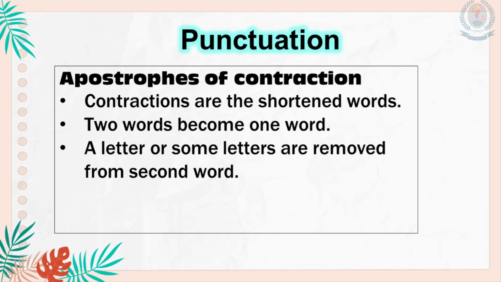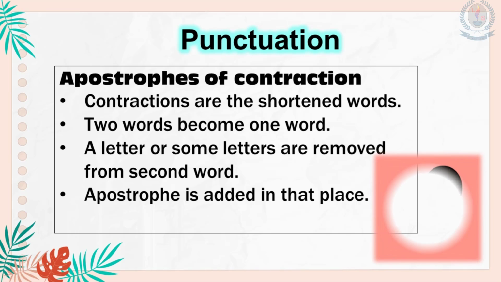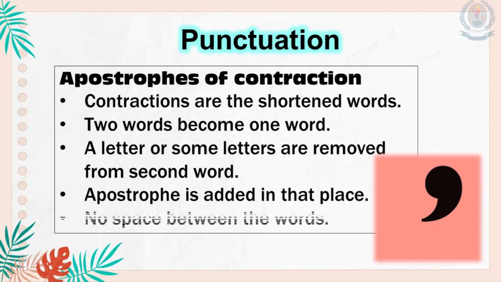A letter or some letters are removed from the second word and an apostrophe is added in that place. This is the apostrophe. And make sure no space between the words. We are going to write the contraction as 1 word.